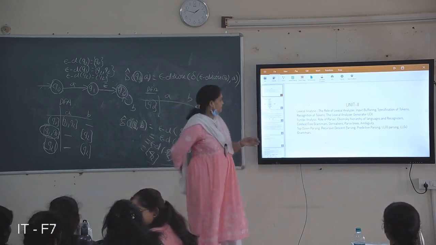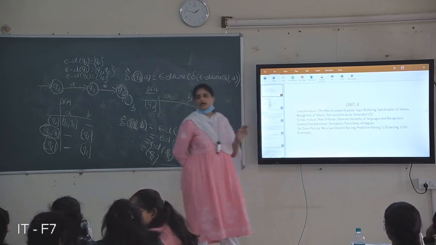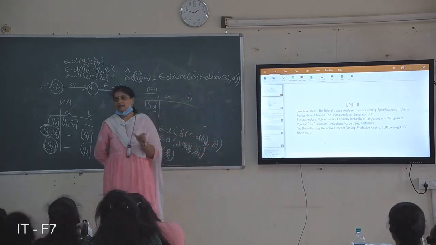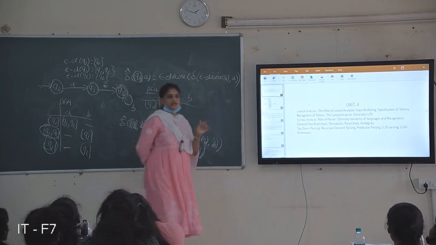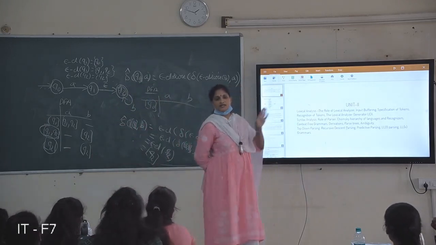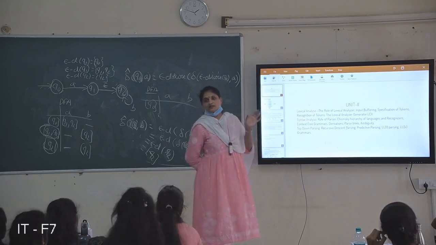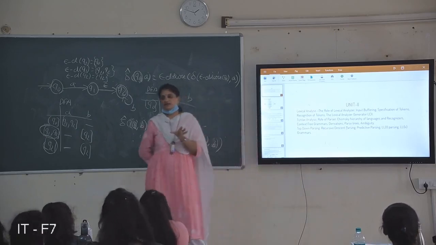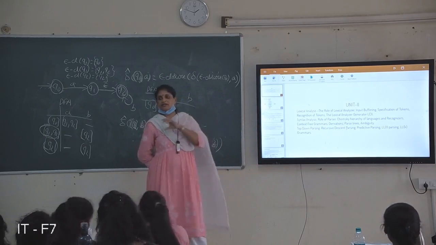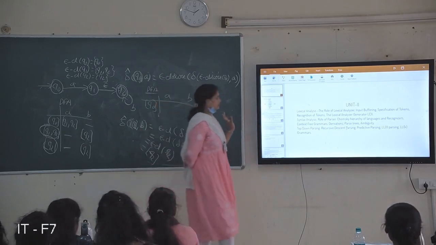Also input buffering. How to write the transition diagram for an identifier, and for a number, with integer part, fractional part and exponent part. That representation is very important.